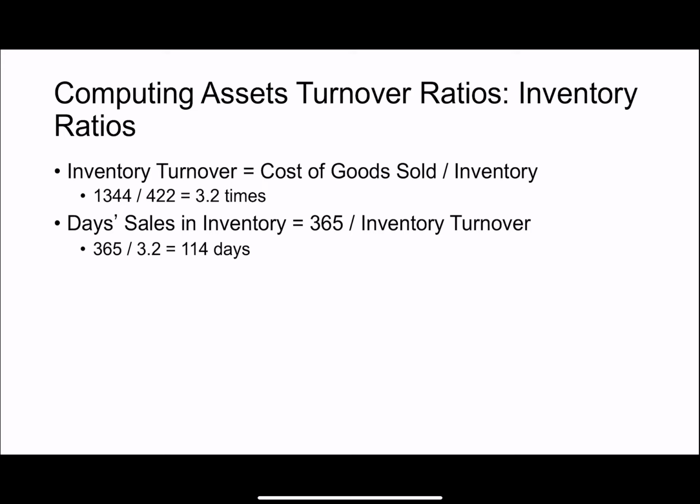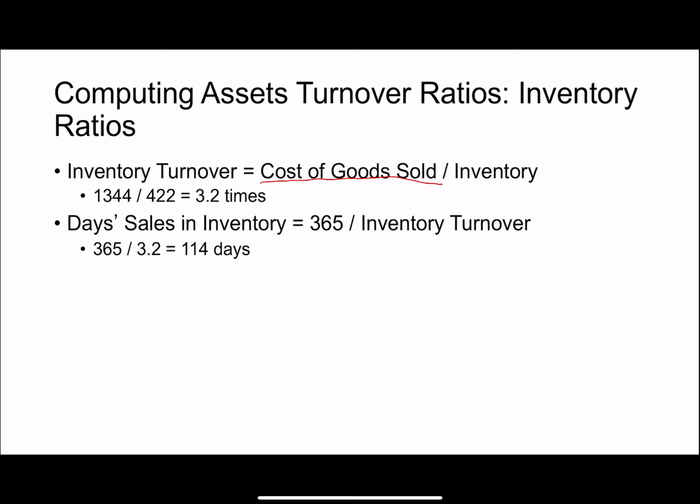So let's start with inventory turnover. Inventory turnover would be sales divided by inventory. Now, on your slides and in your textbook, you have cost of goods sold divided by inventory.